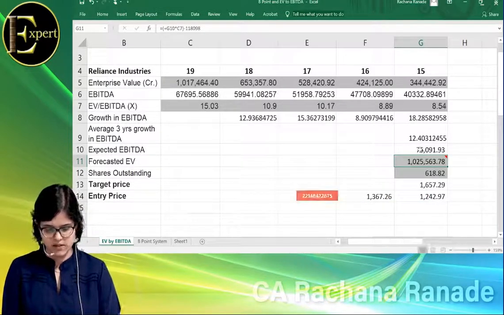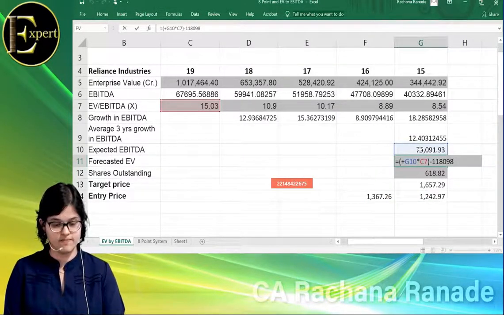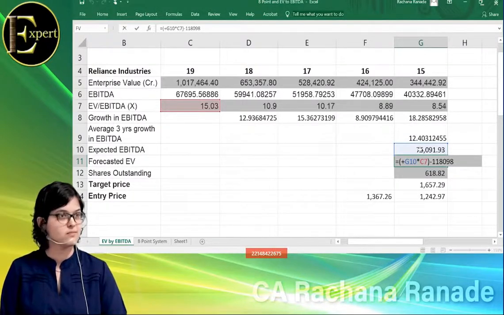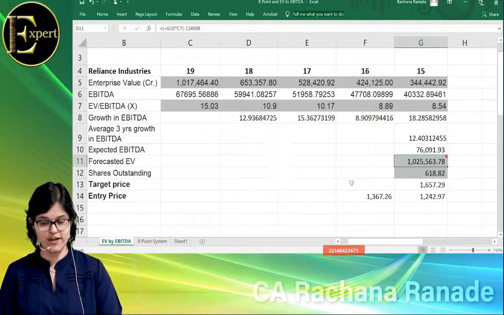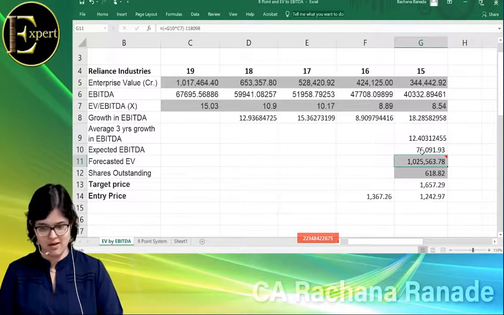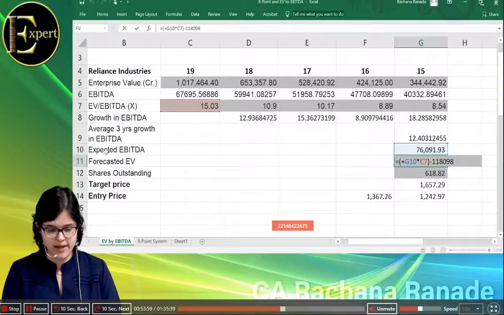You missed one thing: expected EBITDA multiplied by something. We are calculating enterprise value, how can we directly deduct from EBITDA? First is what? Multiply. So expected EBITDA multiplied by what?